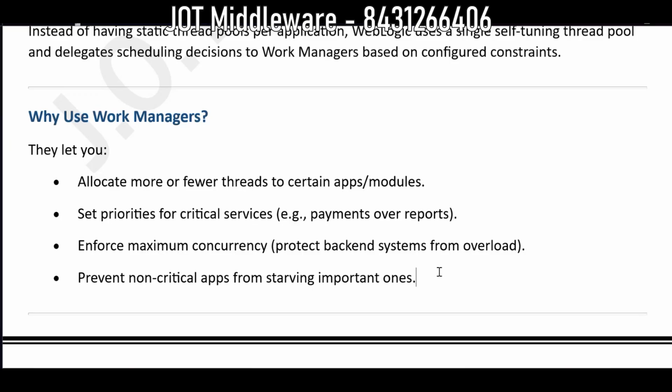If you don't configure it, for example, there is a database in the backend and you did not create a work manager policy, and your self-tuning thread pool is allocating 100, 200, 500 threads for concurrent requests, your database will get overloaded by multiple database connections continuously and concurrently. So this is enforcing maximum concurrency.